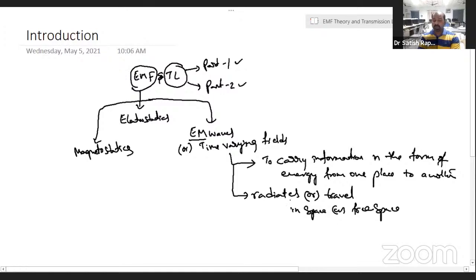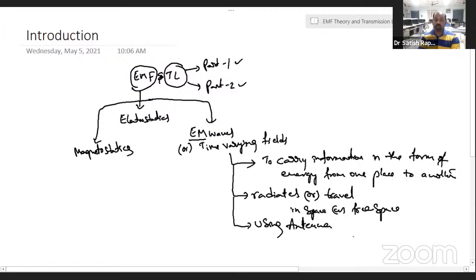So EM wave radiates. How will they be radiated into the space? By using an antenna. Using antenna, we can radiate EM waves into space.